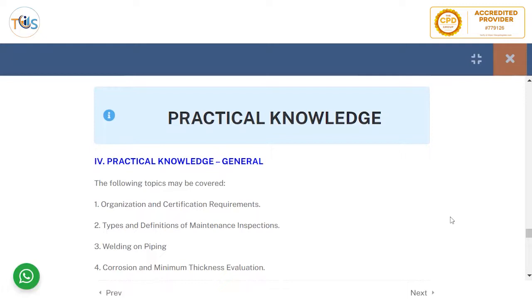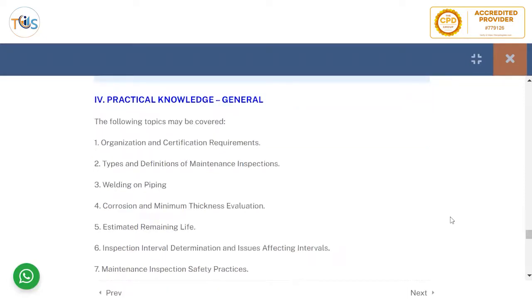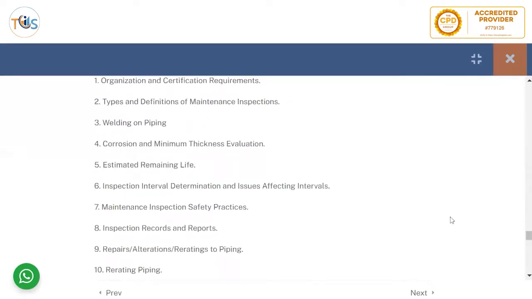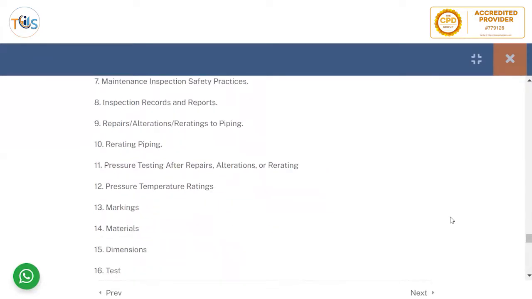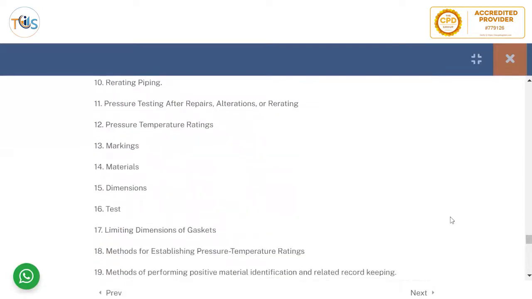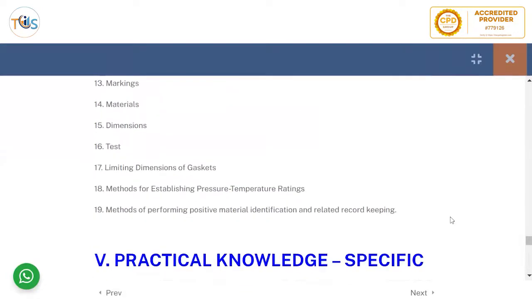what we just discussed, but a bit more, like you should know about organization, certification requirement, definition of maintenance, inspection, external inspection, on-stream, internal, welding and piping, repair welding, then again that refers to 577, minimum thickness evaluation, remaining life, safety practices, records and reports, and repairs and alterations, and re-rating, derating, marking, material dimension test.